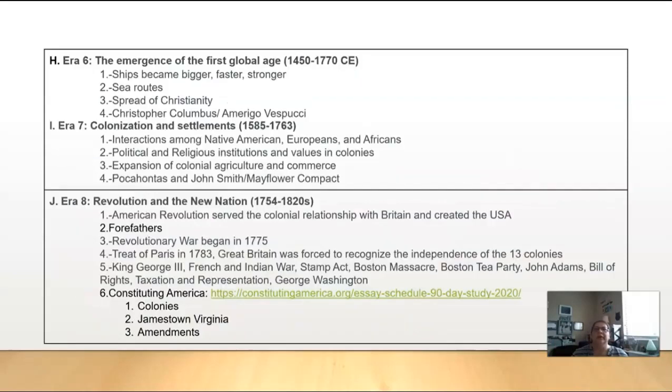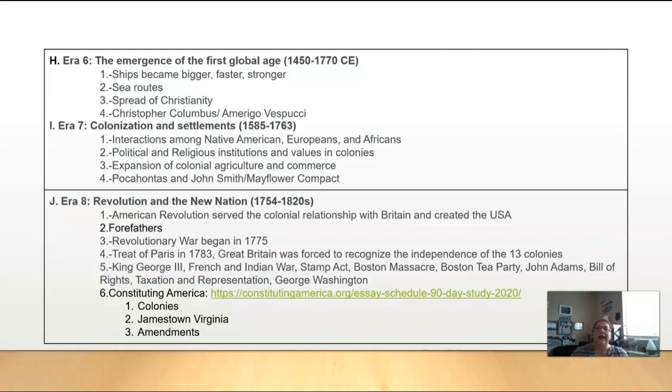We go into our next one here. We have the emergence of the first global age and colonization and settlement. So that 6th era is really the beginning of exploration. No more than just Christopher Columbus as the explorer. Know about Hernan Cortez, the Spanish explorers, the British explorers, and the French explorers.